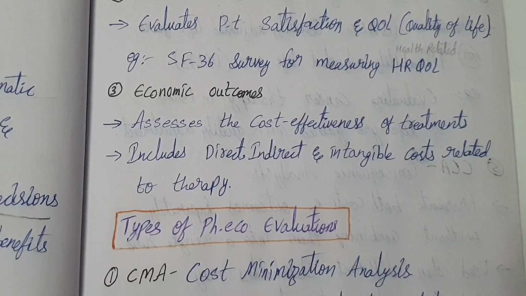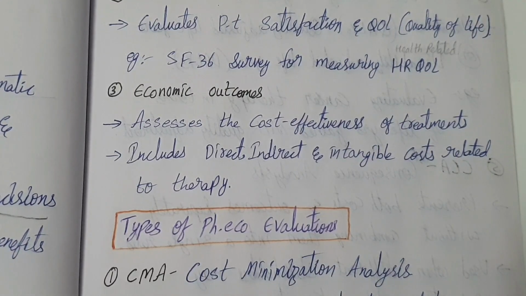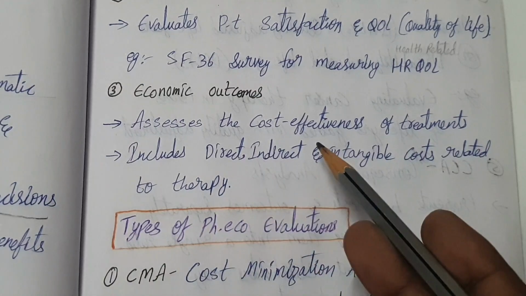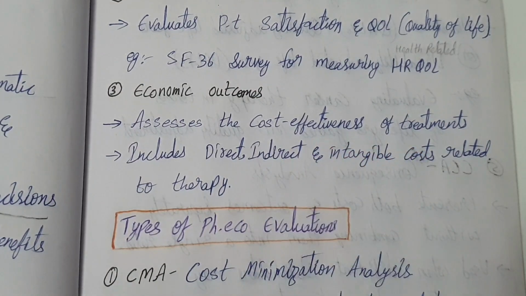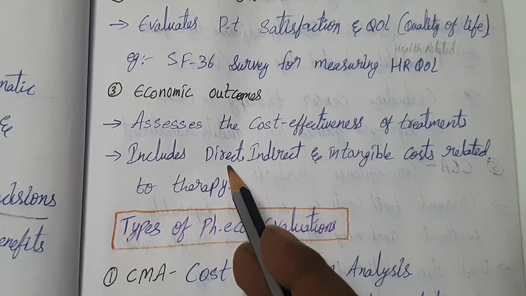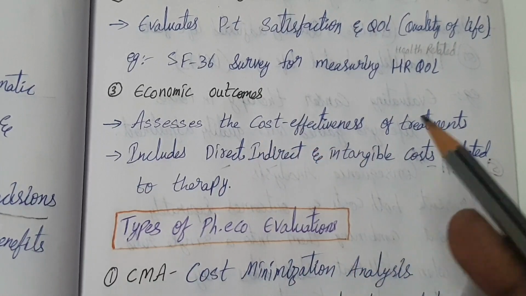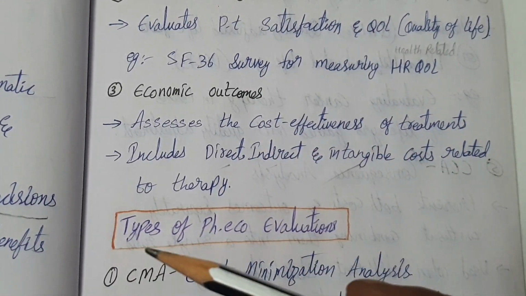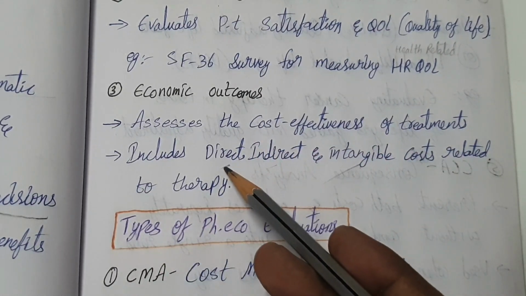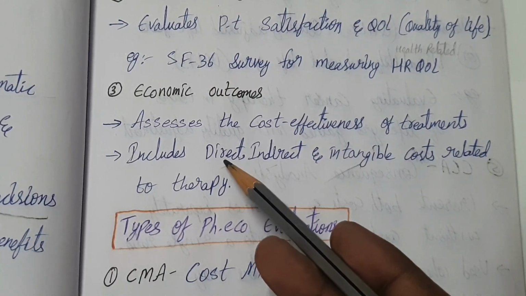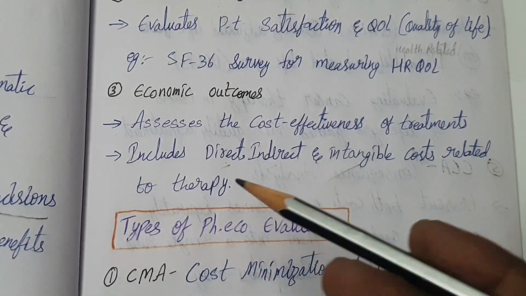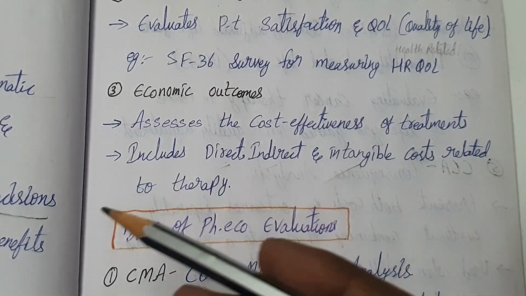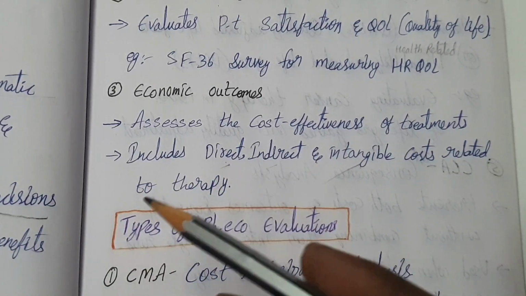Then we have economic outcomes. It evaluates the financial impact of treatment, including direct cost, indirect cost, and intangible cost. We have discussed in the previous video, direct cost means medication, hospital bills, etc. Then the indirect cost, loss of work.